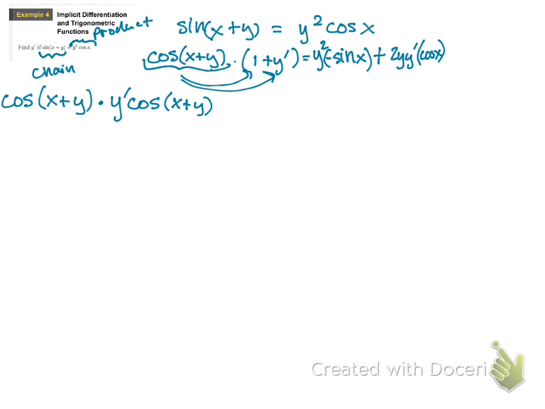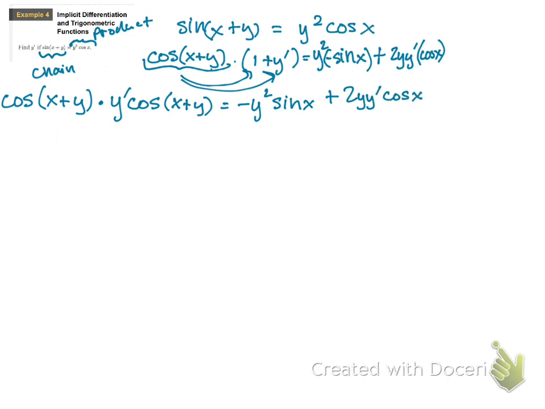So we're multiplying this cosine x plus y through that binomial. Equal to negative y squared sine x. Why is it negative? Yeah, I moved that. Plus 2y prime cosine x.